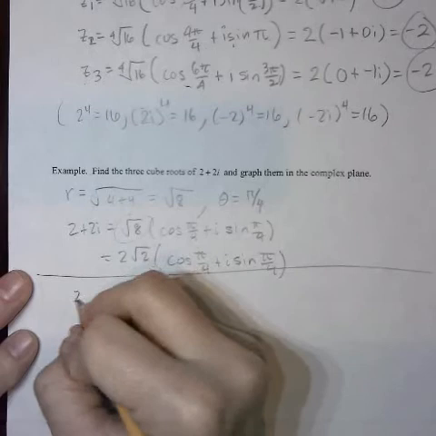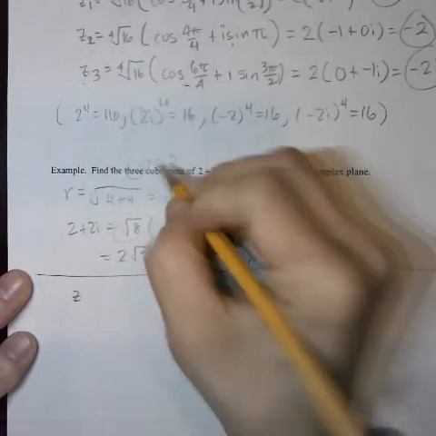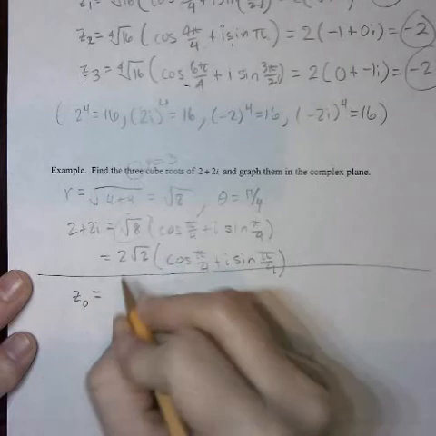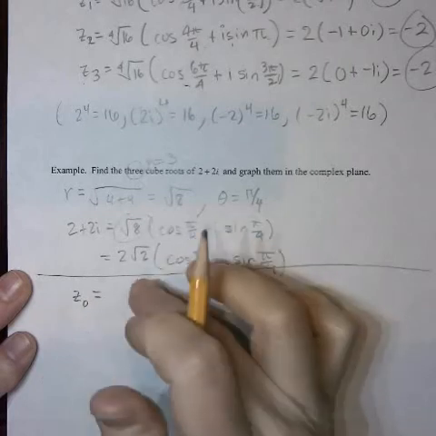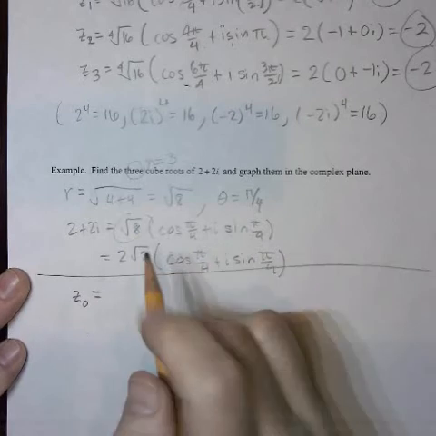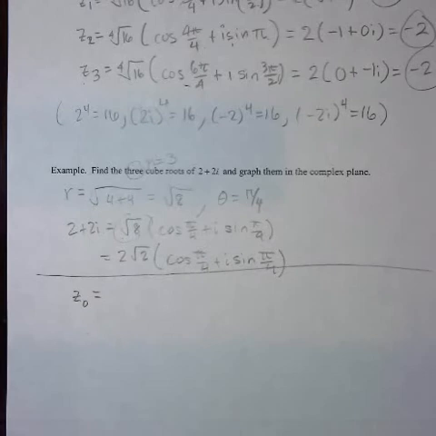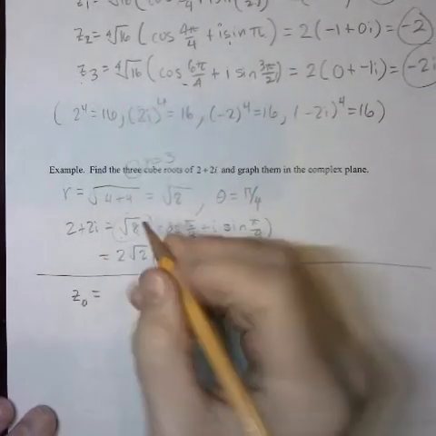So now we want the 3 roots, right? There's 3, so n equals 3. So z sub 0. So we'll have the cube root of the square root of 8. Or you can use 2 radical 2 if you like. But I think it's easier just to leave it as the square root of 8.